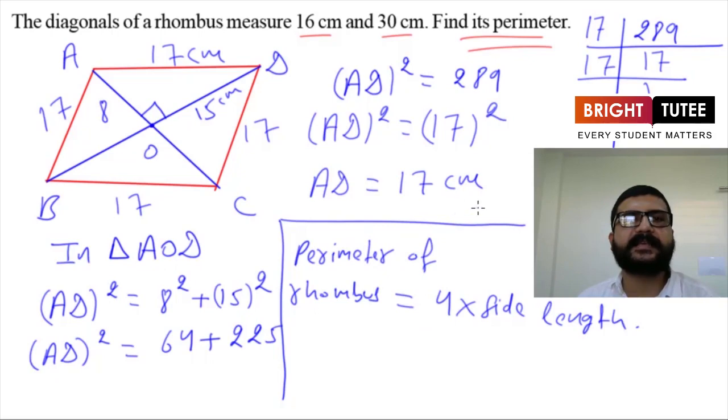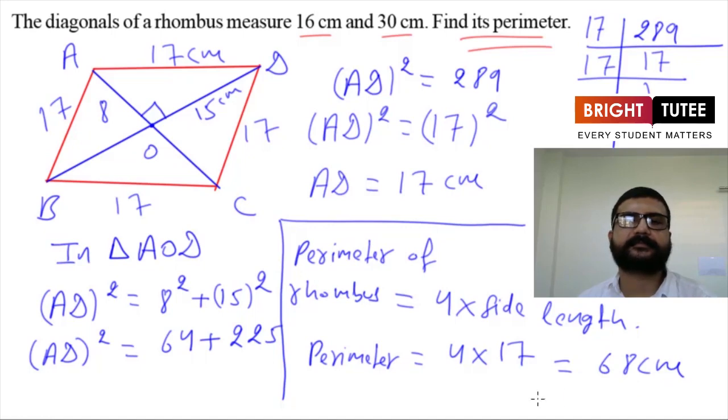It is 17 centimeters. So perimeter will be equal to 4 into 17. Now what is 4 into 17? This gives us 68 centimeters. So therefore perimeter of the rhombus is 68 centimeters.